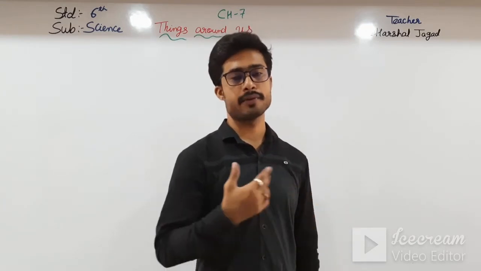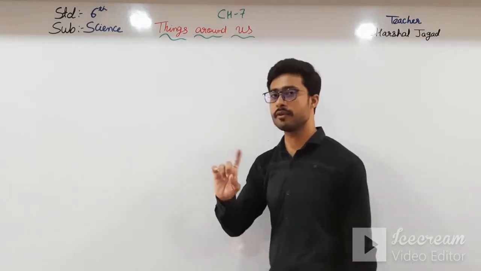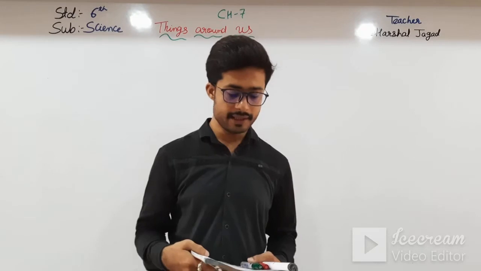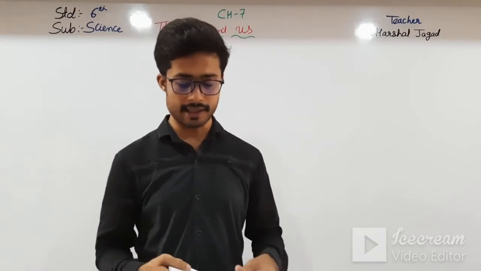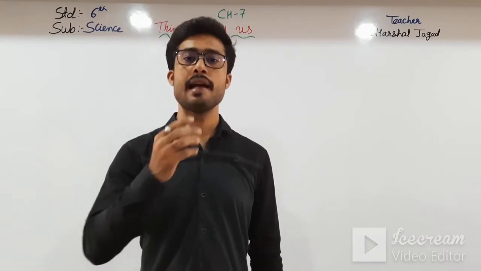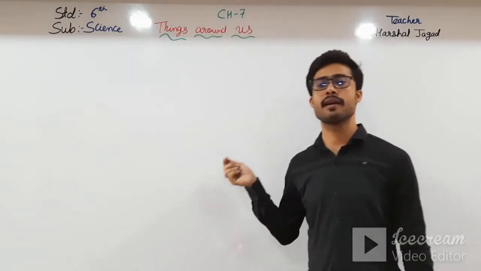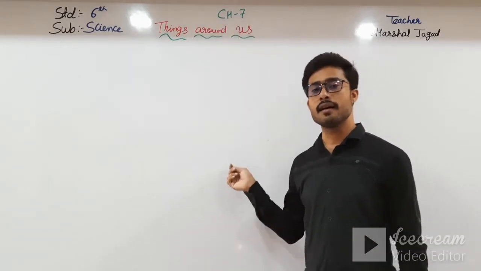Living things reproduce, that we have seen, but non-living things do not reproduce. Living things need food and air to stay alive, meaning we need food and air to stay alive. Non-living things don't need food and they don't need air to stay alive.